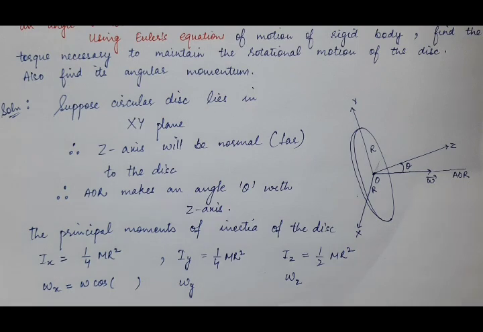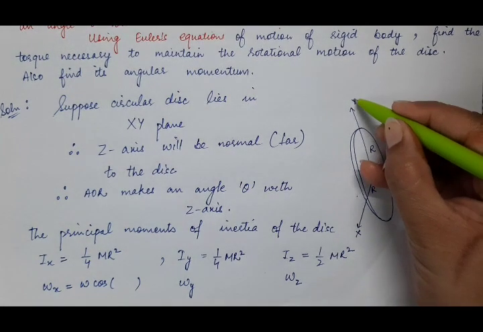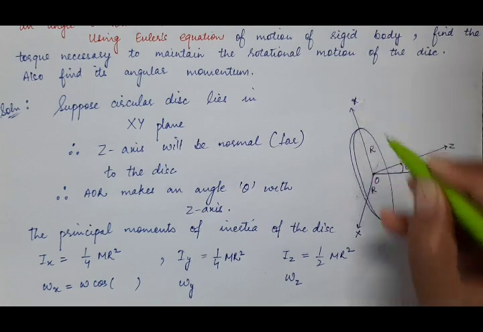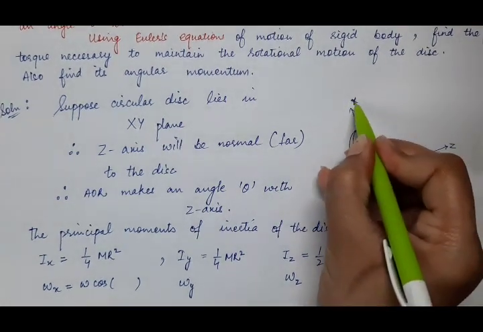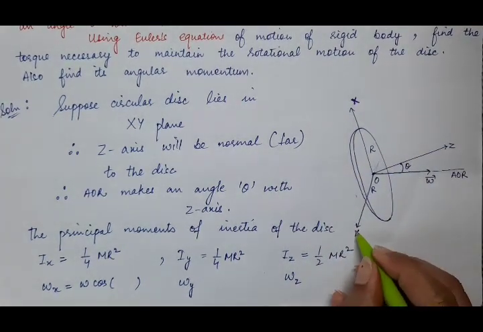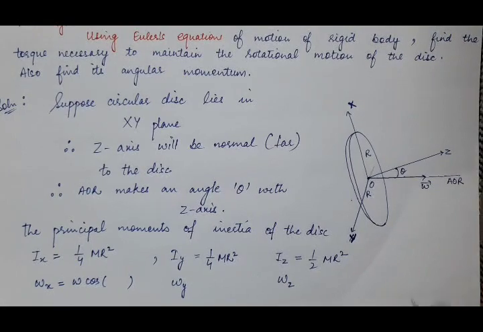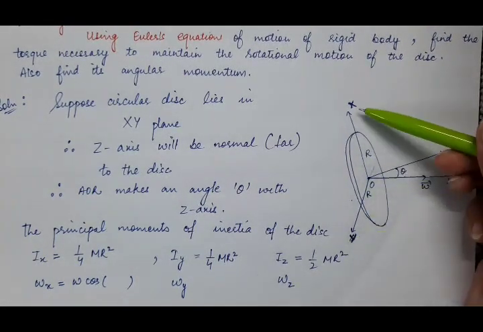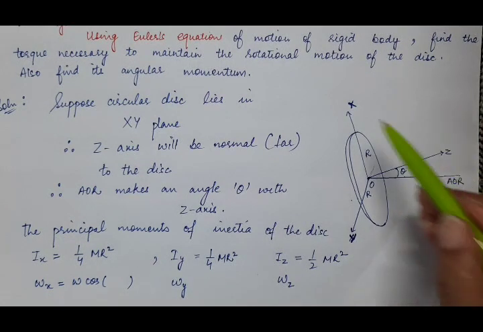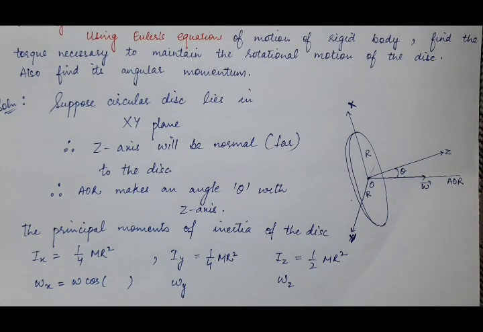Here one thing I have taken wrong. In the book they have taken this axis as the x-axis and this as the y-axis. So according to your book, this is x, this is y, and you can also take it the other way, it's up to you.